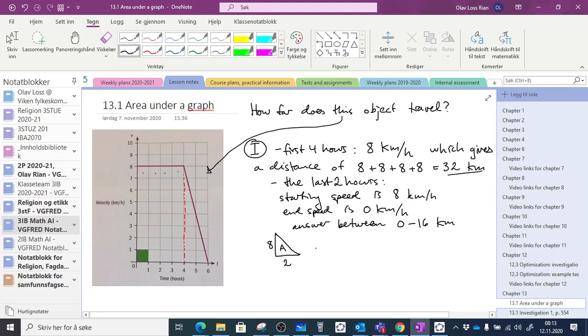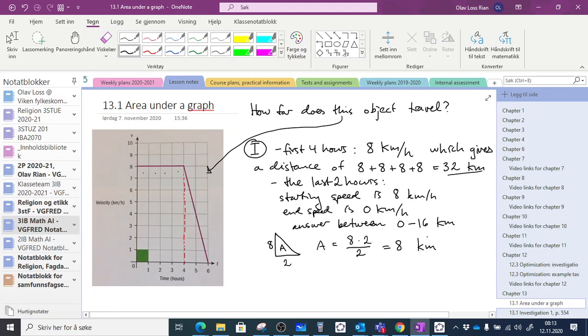So the area is 8 multiplied with 2 divided by 2, which is 8 kilometers.